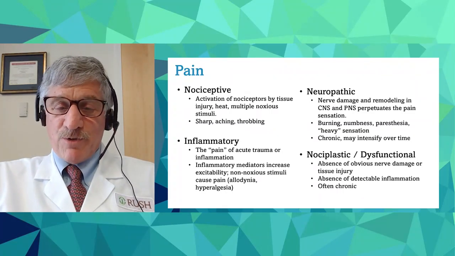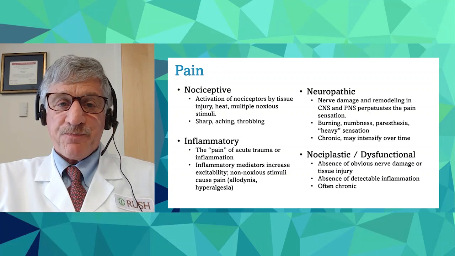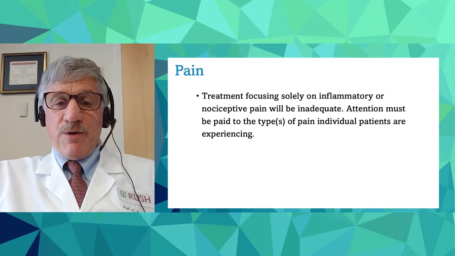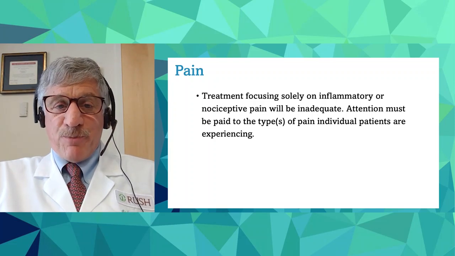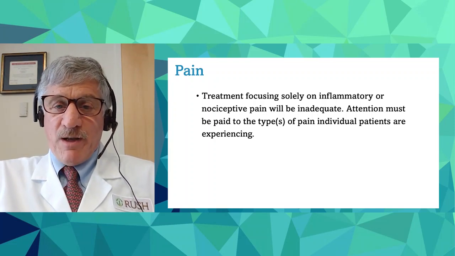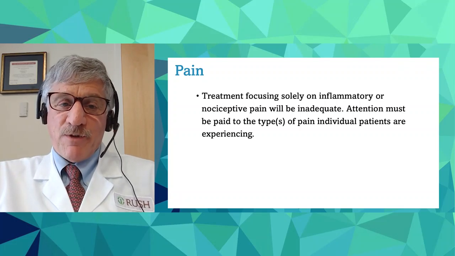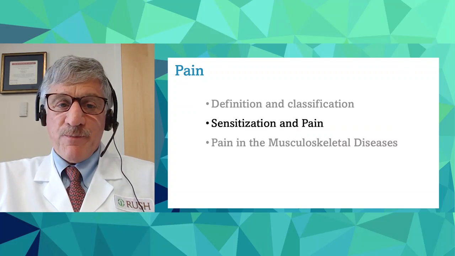Nociplastic pain is also very complex and frequently becomes chronic. Treatment focusing only on inflammatory or nociceptive pain, therefore, will be inadequate. We need to make sure that we pay attention to which type or types of pain individual patients are experiencing.